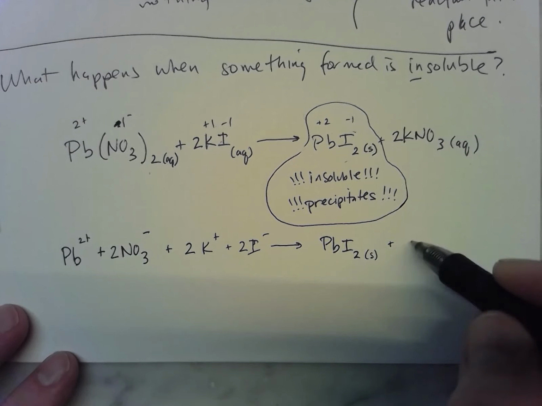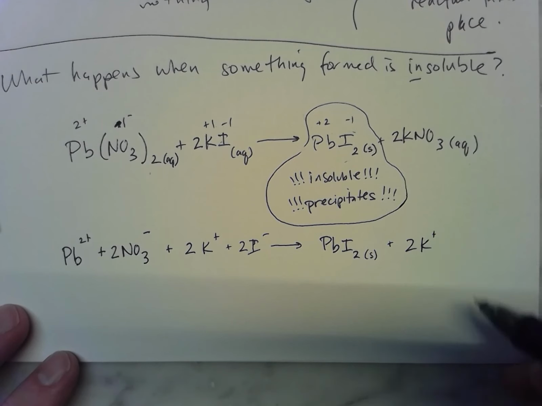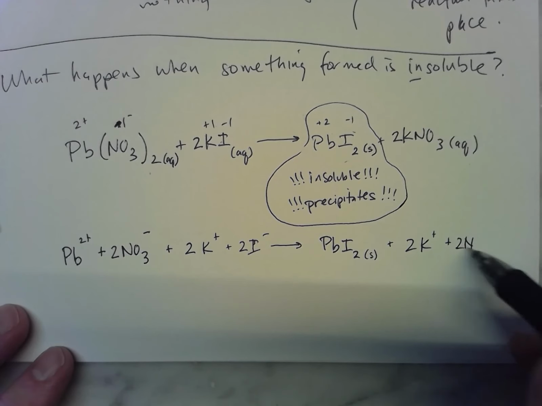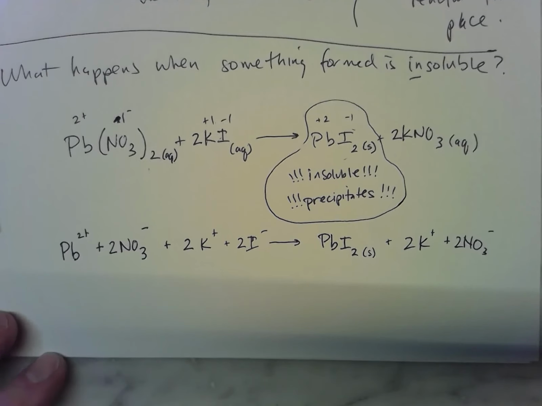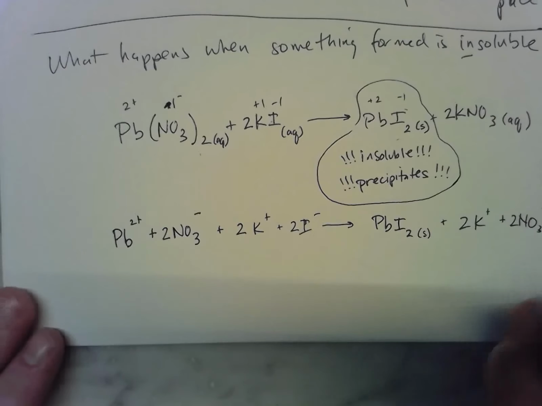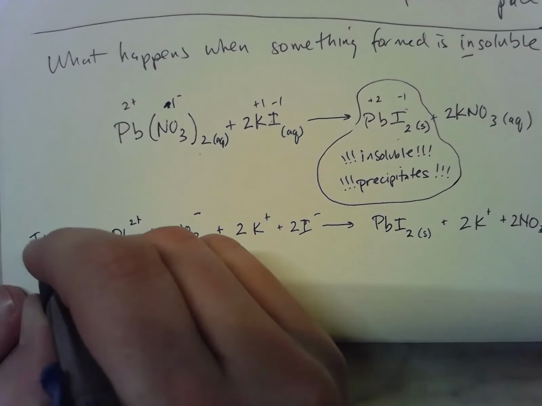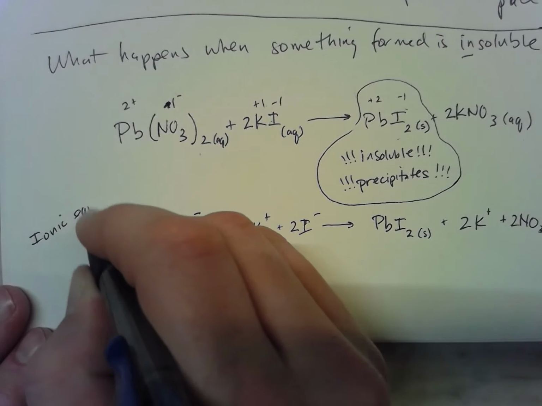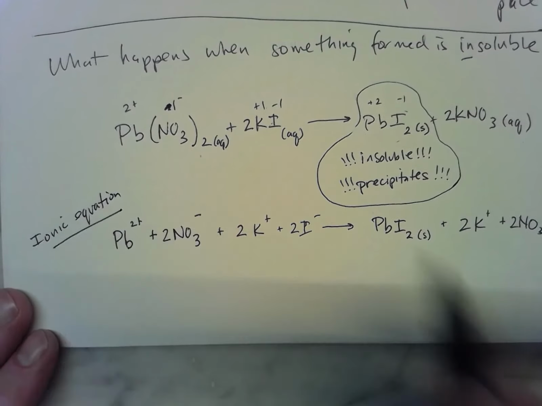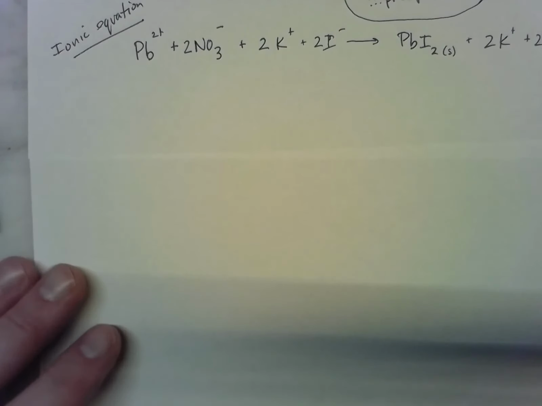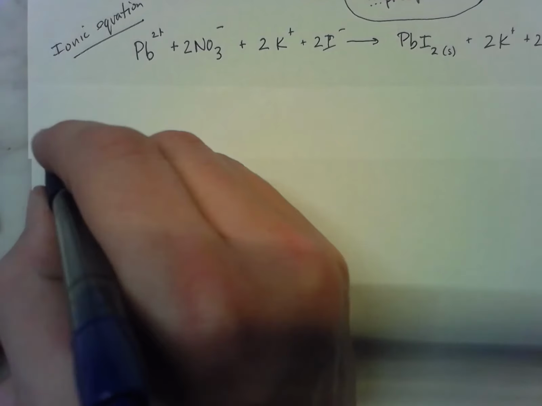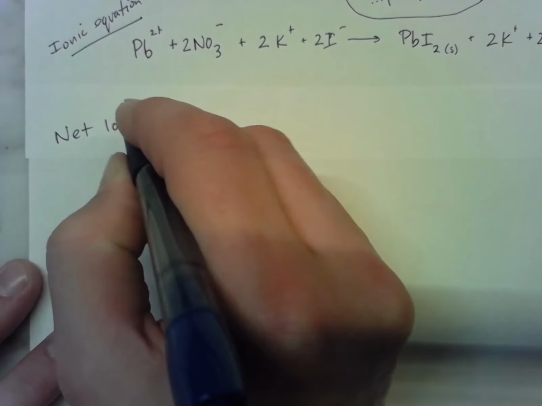Plus, we got our 2 Ks over here as pluses in solution, and our 2 NO3s, those are minuses. So now this is our ionic equation. So how do we get from that to where we need to be, which is our net ionic equation?